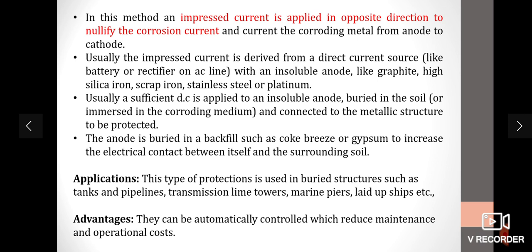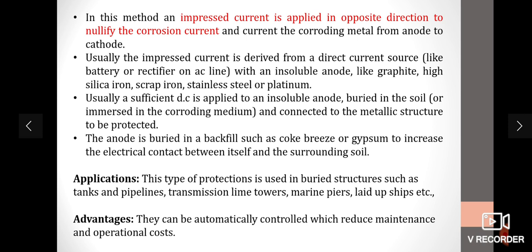So in this method, an impressed current is applied in the opposite direction to nullify the corrosion current flowing through the corroding metal from anode to the cathode. Usually, the impressed current is derived from a direct current source like a battery or a rectifier on an AC line, with an insoluble anode like graphite, high silica iron, scrap iron, stainless steel, or platinum.